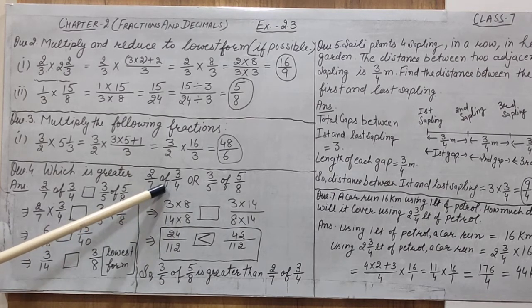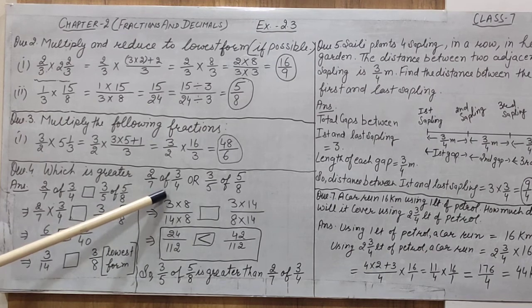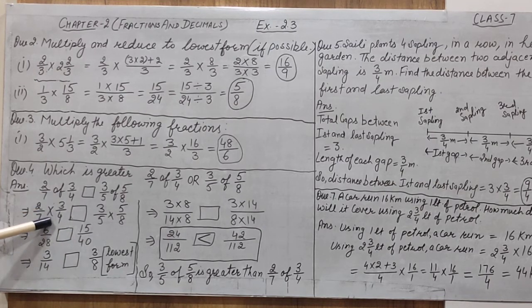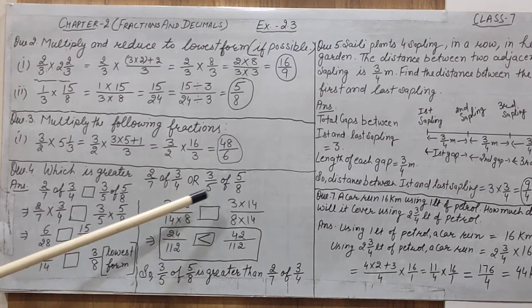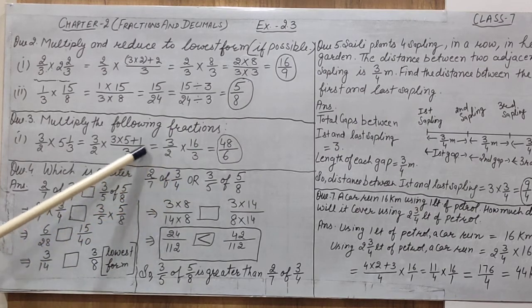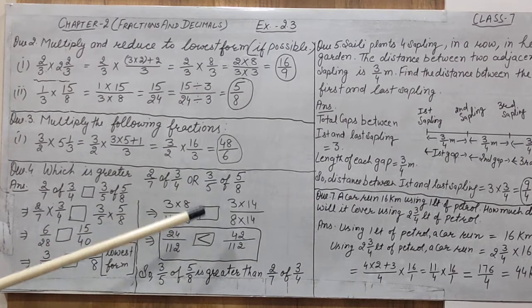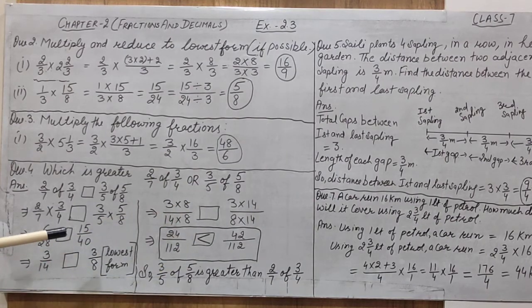In the case of fractions, "of" means we have to multiply. Change the "of" sign into multiplication, and change this "of" also into multiplication. Then solve the first term completely, then solve the second term, and only then can you compare which is greater or smaller.